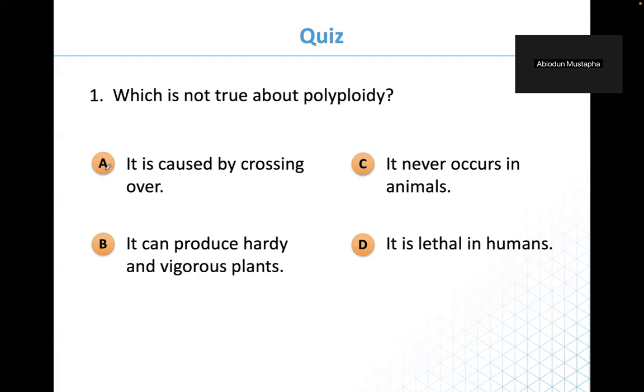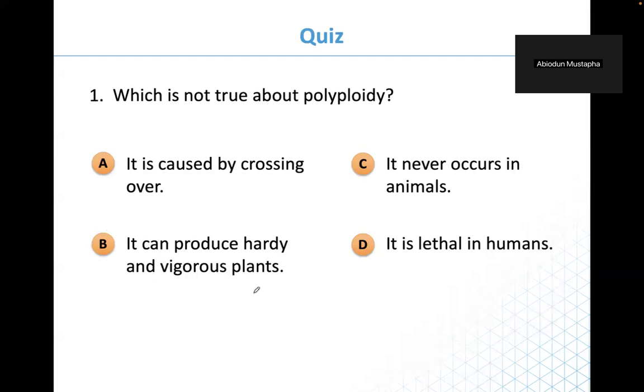So polyploidy, it says which is not true about it. It is lethal in humans. It can produce hardy, vigorous plants.